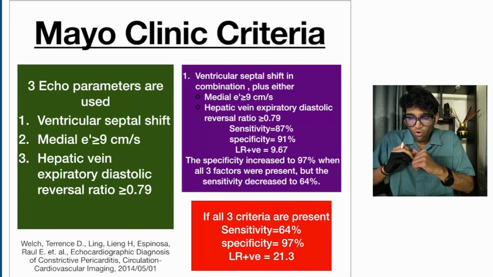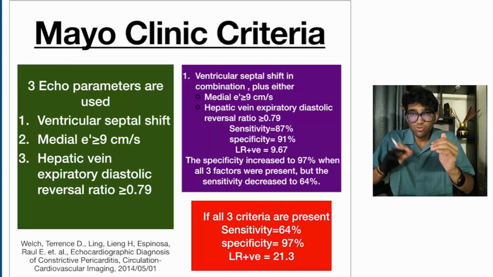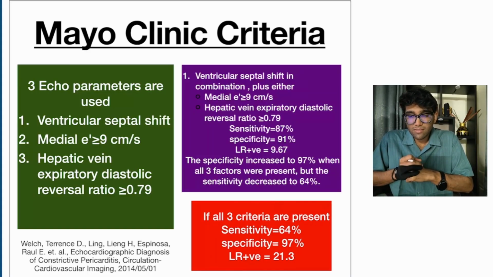If all criteria are present, the specificity naturally increases, but the sensitivity falls. If all 3 are present, the positive likelihood ratio increases to almost 21 times. So from 9.7 it goes to 21.3. So this is the Mayo Clinic criteria.